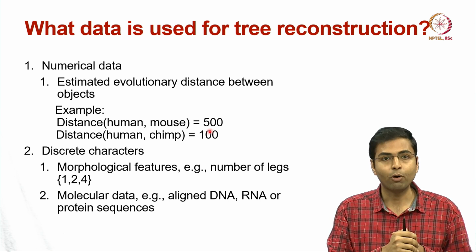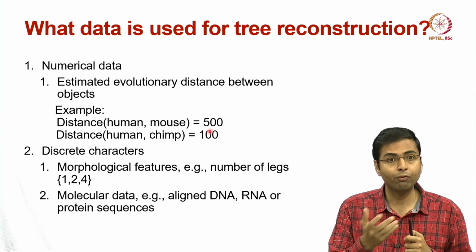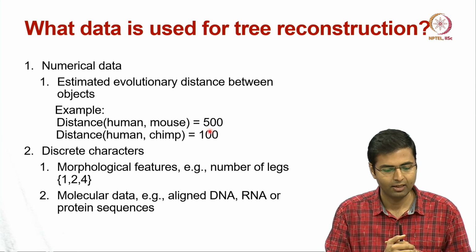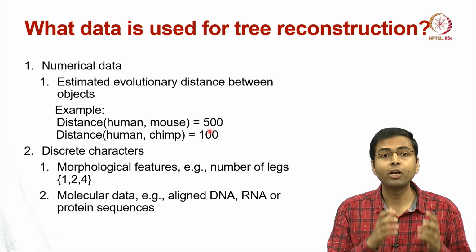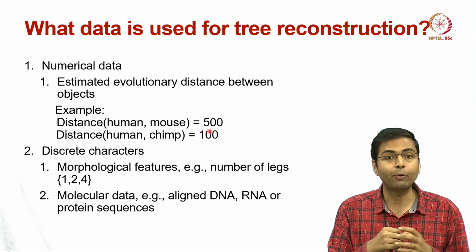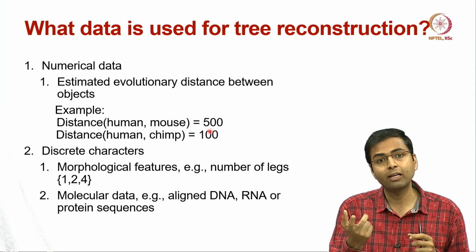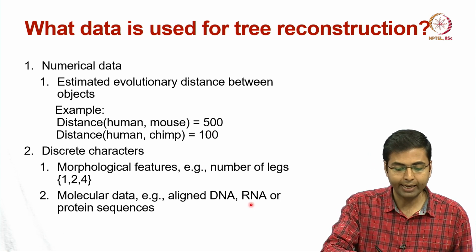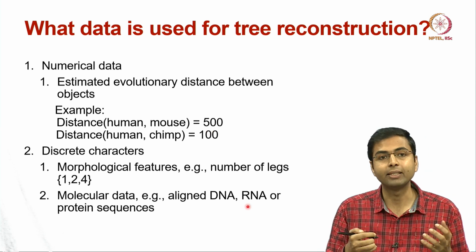This includes morphological features, for example, the number of legs can be either 1, 2 or 4, or you can have molecular data as well, for example, aligned DNA sequences where each character will be either A, C, G or T. Similarly, you can have RNA sequences or protein sequences.